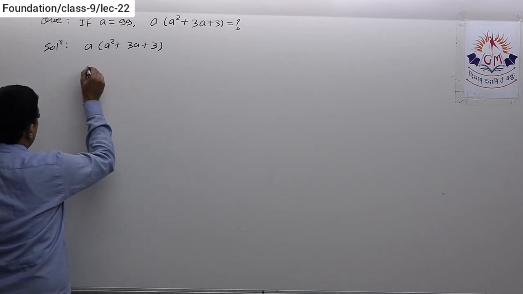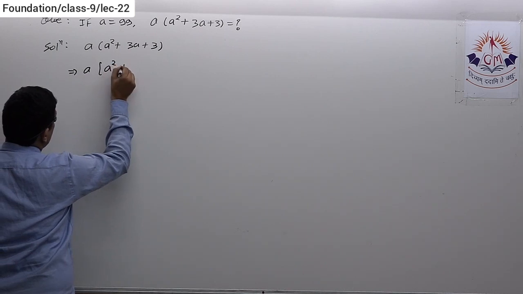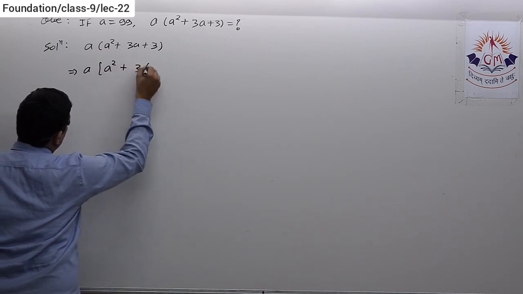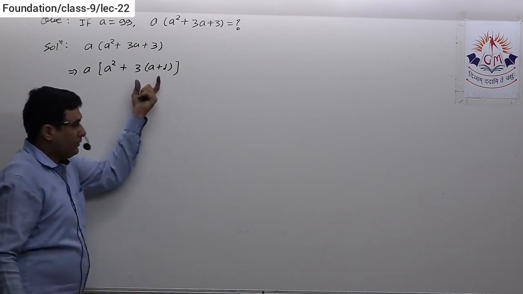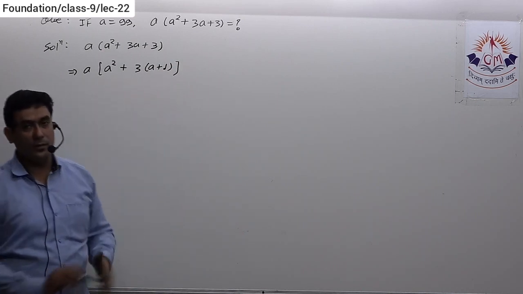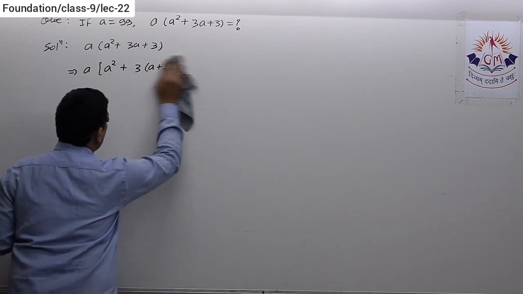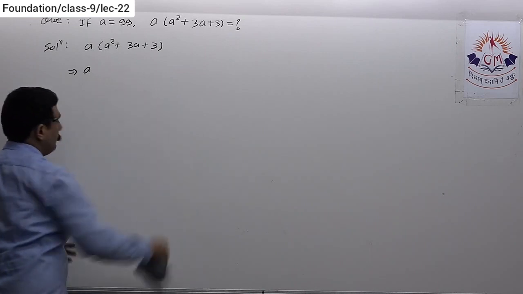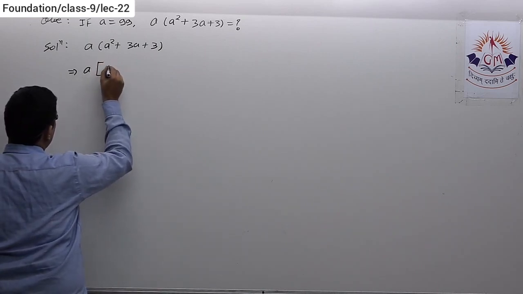If I take 3 common, I will get A plus 1. But A square is still there, and I want to avoid that. I don't want to find the square of 99. So I have to think in a different way.